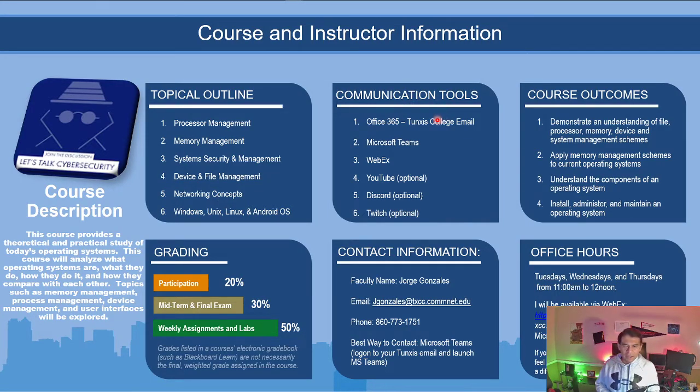Communication tools, we are going to use Office 365 email. That is your TXCC college email. You should be familiar with that by now, so make sure that you log into your TXCC email. If you're doing it from a browser on a computer, you will typically see something like, let's see if I can open my email really quick.